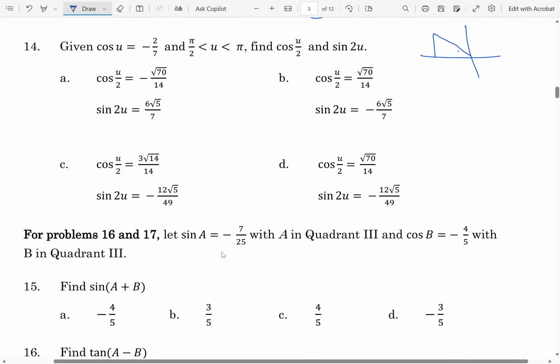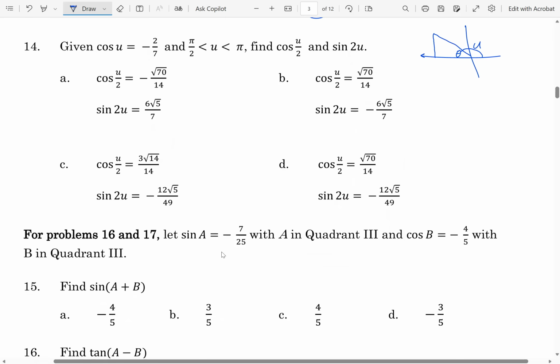Really, the angle u I'm talking about is here. The trigonometric ratios of the angle inside here, theta, are the same as for this angle u, because this angle lies in the second quadrant. Cosine and tan are negative, but sine is positive.